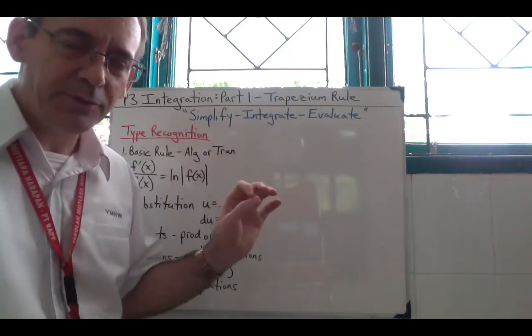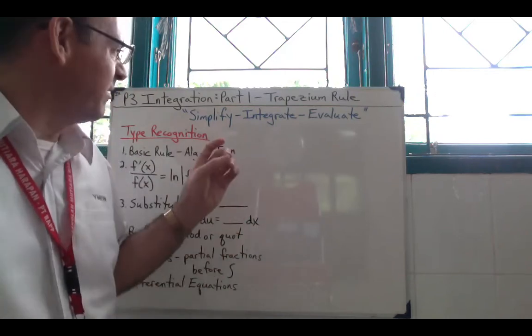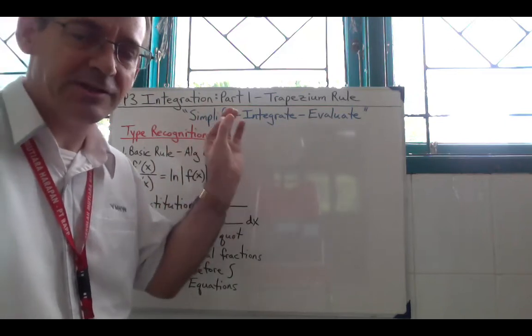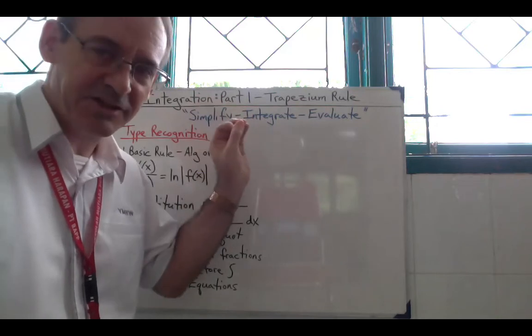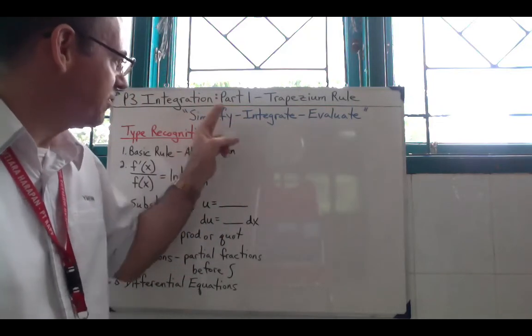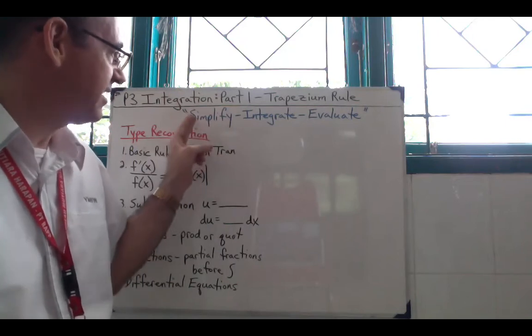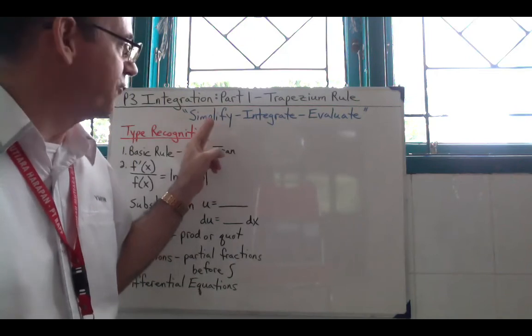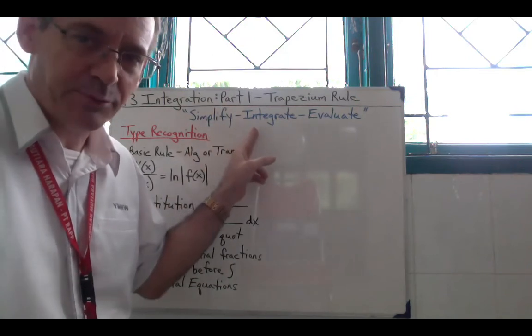It could be simple, it might be a little complex, but there's usually something that you need to do before you actually do the integration itself. So that's one thing that you want to focus on, that stage. What do I have to do to prepare it for the integration process?